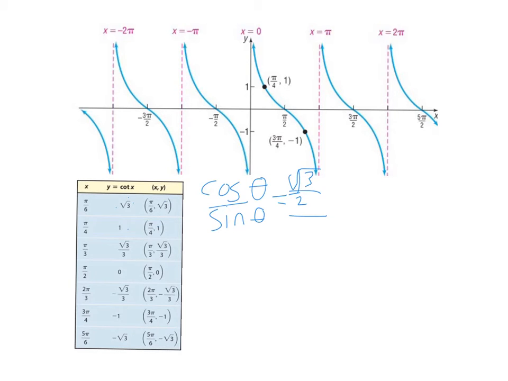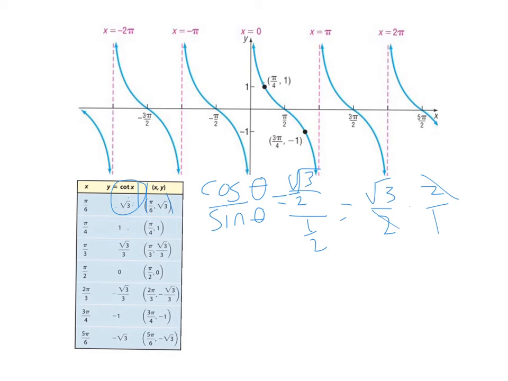And the sine of pi over 6 would be 1/2. So if you do keep flip change, square root of 3 over 2 times 2 over 1. The 2's cancel out, so you're just left with square root of 3. That's how you get the y value. So at pi over 6, the cotangent is just equal to the square root of 3.